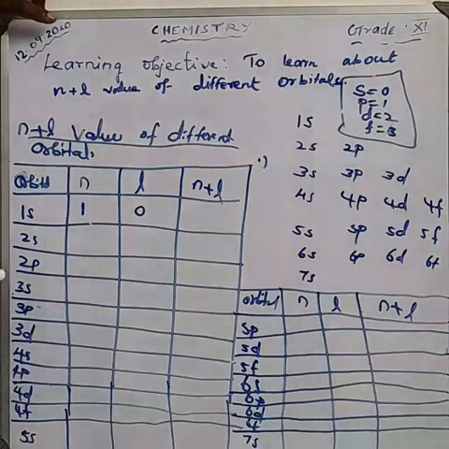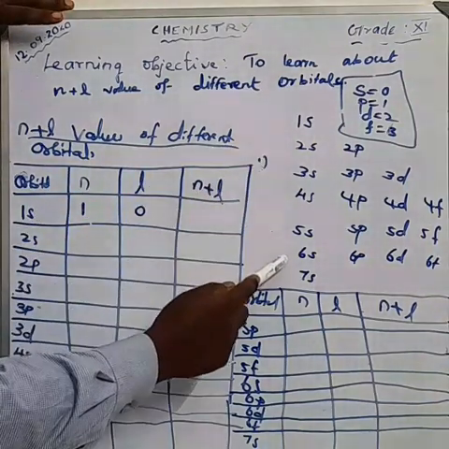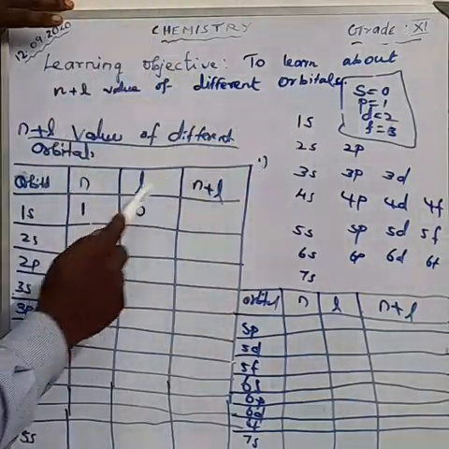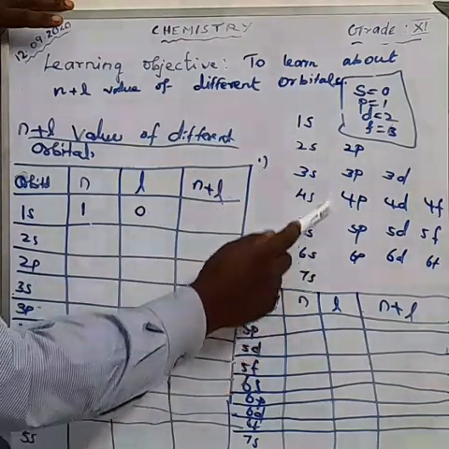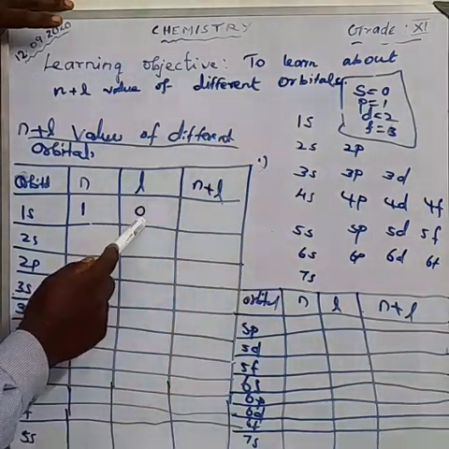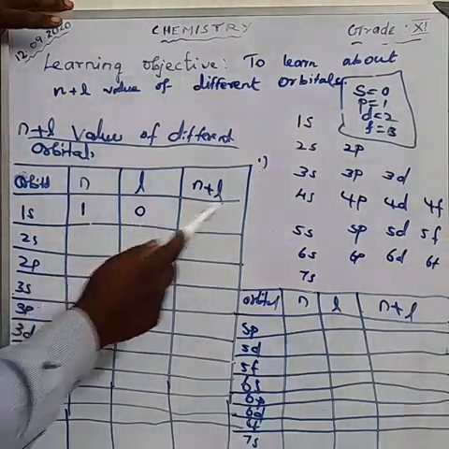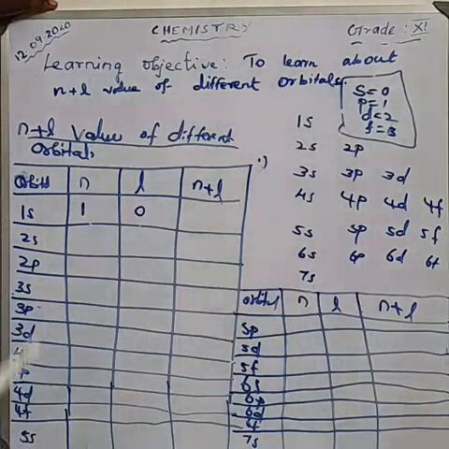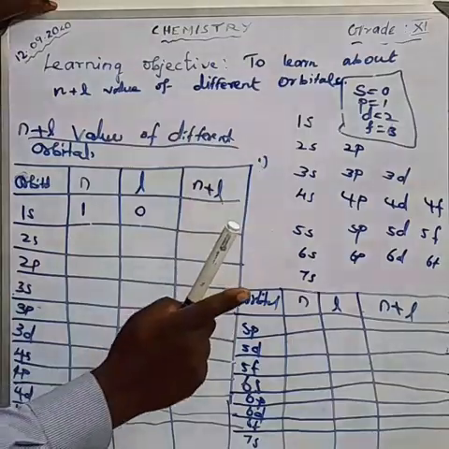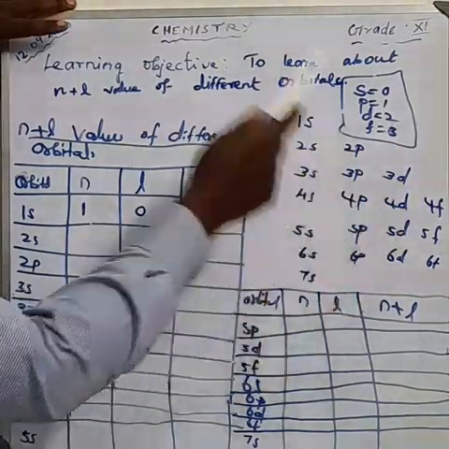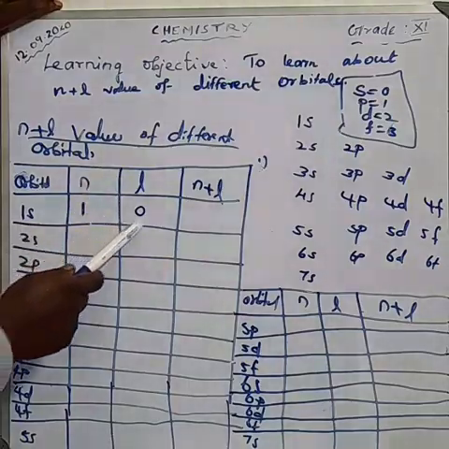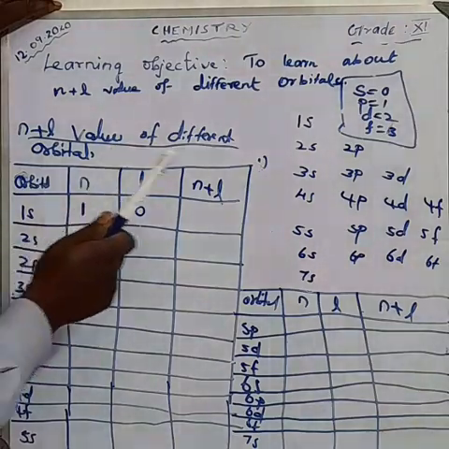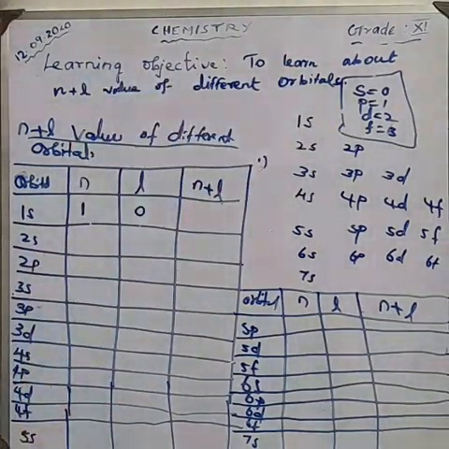For all the s subshells, the azimuthal quantum number l value is 0. For all the p, the l value becomes 1. For all the d subshells, the l value becomes 2. For all the f, the l value becomes 3. This is the condition.